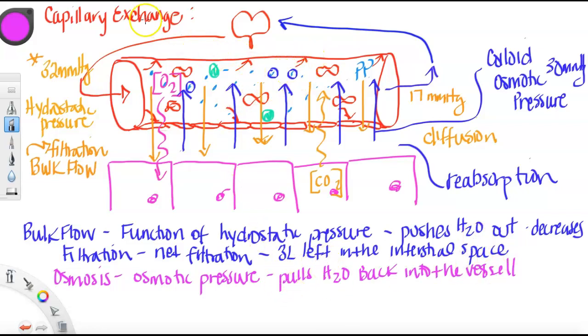There are other things in here that can move. Okay, so let's say glucose. And let's say glucose is a big molecule, so it may not be able to get through here. So it may be endocytosed into the cell and then exocytosed out.